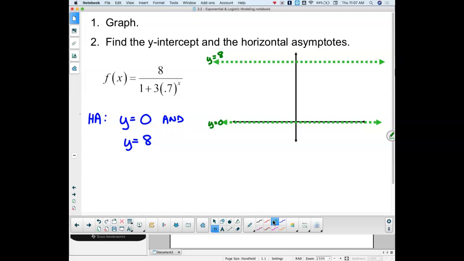Then this is a logistic growth problem, because my value of b is less than 1. So I would graph a logistic growth curve: it starts along the lower asymptote, then rises exponentially, slows, and ends along the upper asymptote.